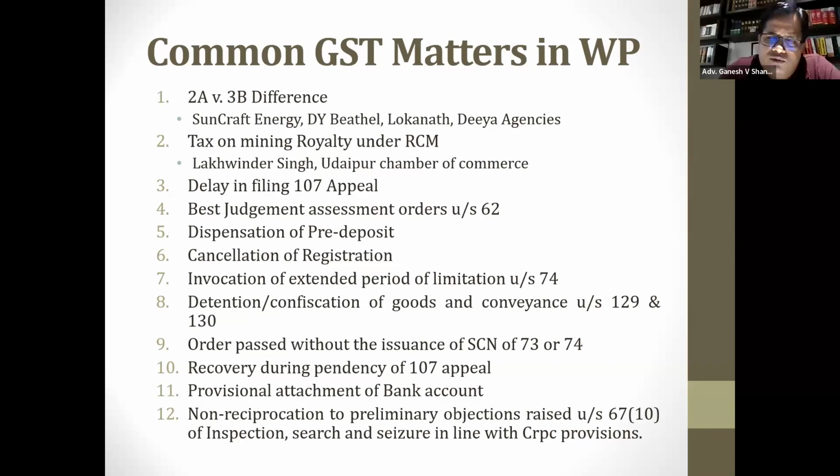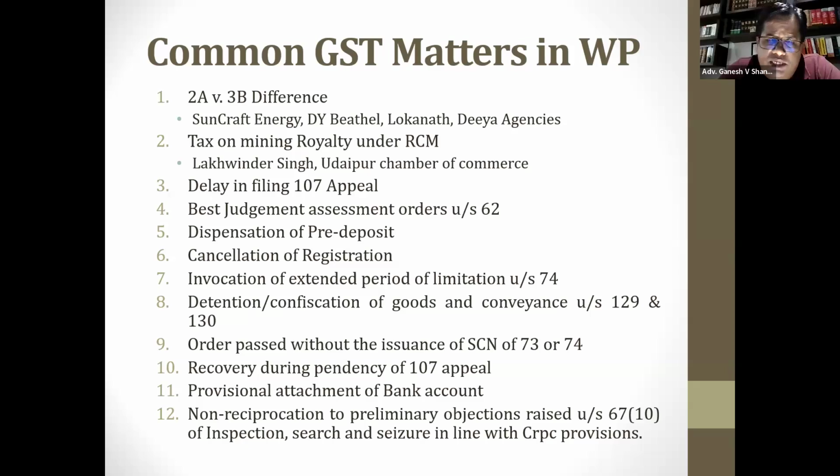Detention, confiscation of goods, this I already covered. Order passed without issuance of SCN under 73 or 74. There I don't have any case with me, but there are such cases where without issuing SCN the orders are passed. Maybe the SCN is not reached or not delivered or not issued properly.